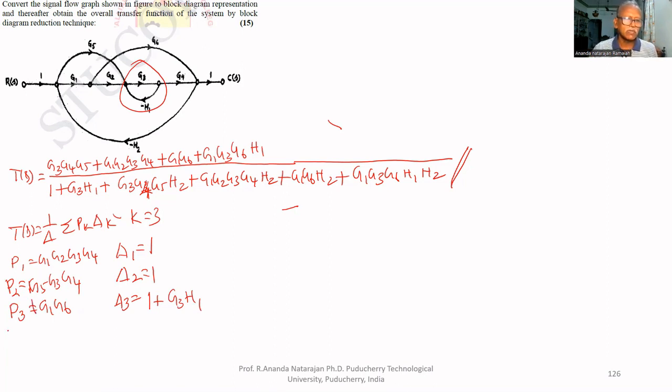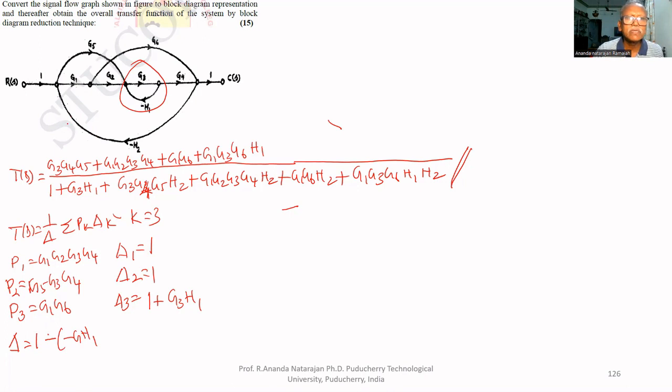Delta we have to find. Delta equal to 1 minus, what are the loops? This is the first loop G3 H1, therefore minus G3 H1.